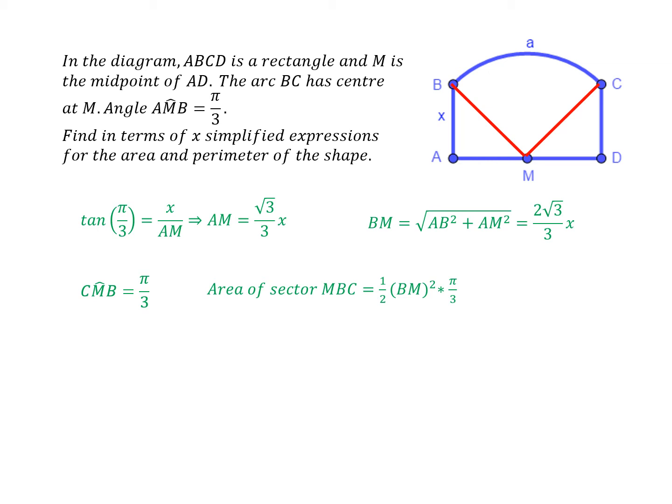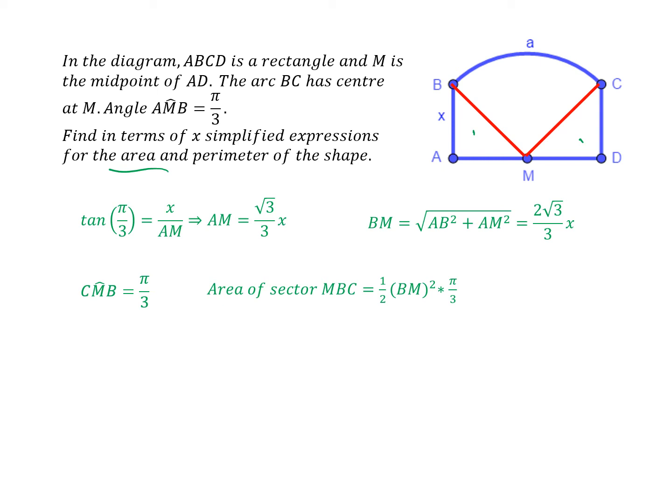So now I'm setting about answering the question about the area of the shape, and I'm doing it by looking at the area of the sector MBC, and then I'm going to add the two triangles onto that in a moment.